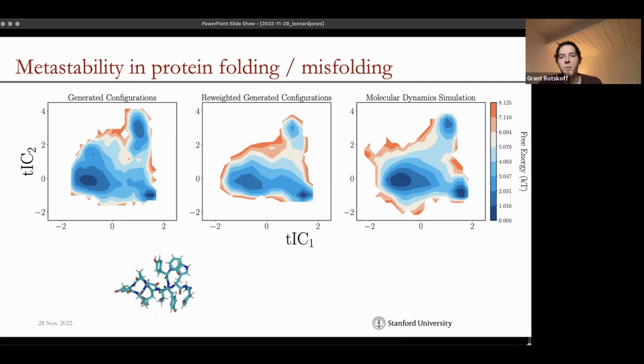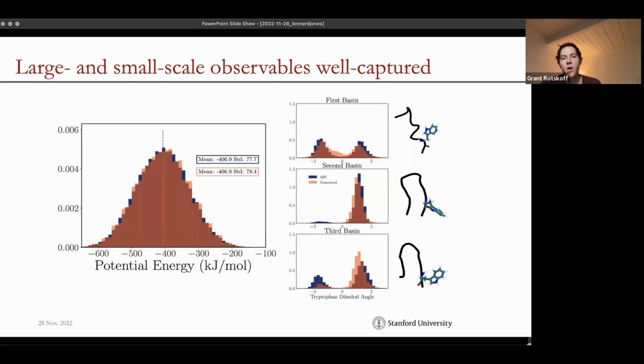What we see is that after reweighting, we can recover quantitative accuracy on the free energy landscape projected on these two low-dimensional coordinates that happen to be known for the system. In general, this would be hard to do. But we also obtain quantitative accuracy on both large and small-scale observables. We have the potential energy on the left, and you can see that the regenerated distribution shown in red is quantitatively accurate, and we also capture side chain motions and other things in distribution very accurately.